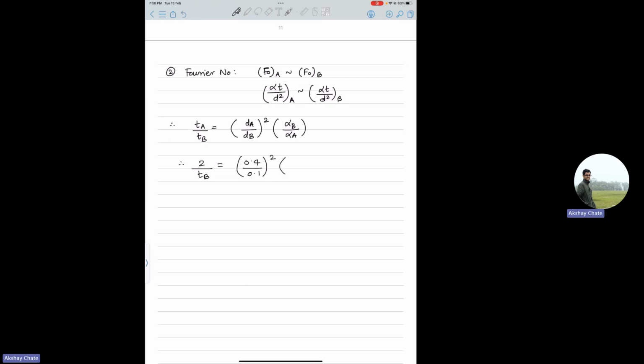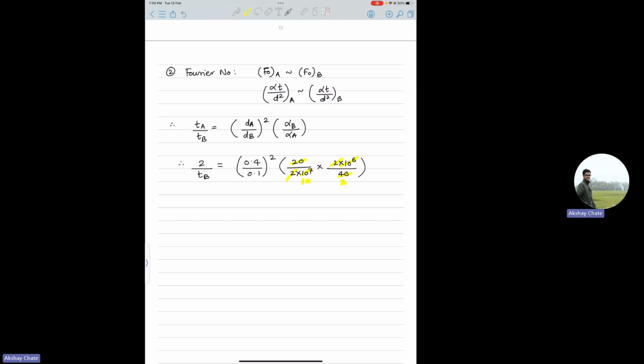Alpha B is k by rho Cp of B, so 20 divided by 2 into 10 to the power 7, and alpha A I am writing inverted, so k by rho Cp for A is 2 into 10 to the power 6 and 40. Now many things will get cancelled. This 2 will go away, this 2 will come here, and there will be 110 here.